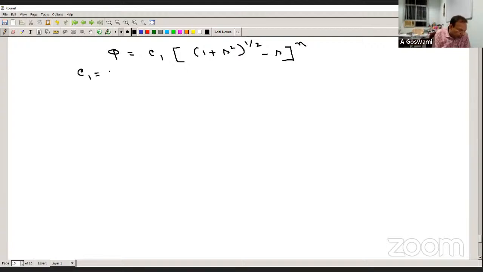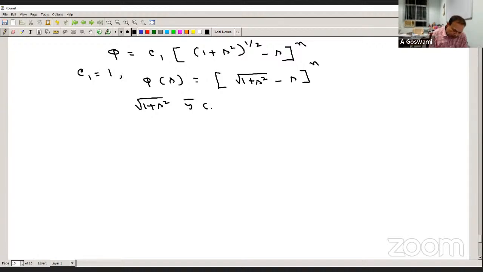Now if you set C1 as 1, then you can obtain φ(s) as (√(1 + s^2) - s)^n. So that √(1 + s^2) into ȳ(s) equals (√(1 + s^2) - s)^n, since your φ(s) is nothing but this one.